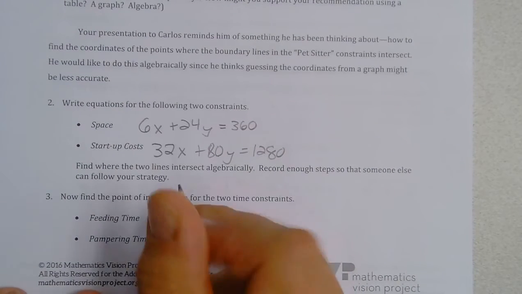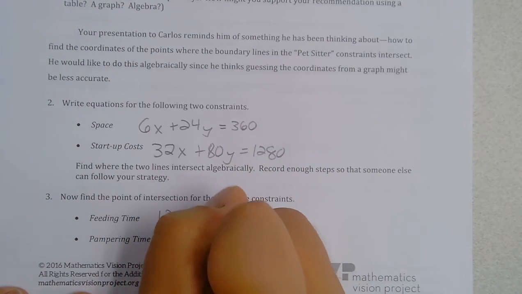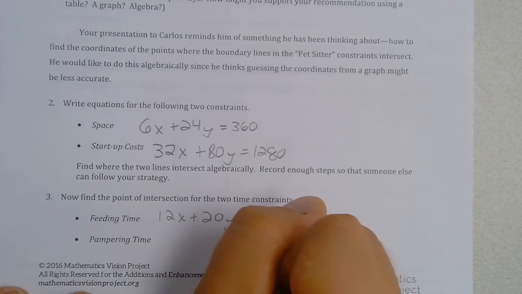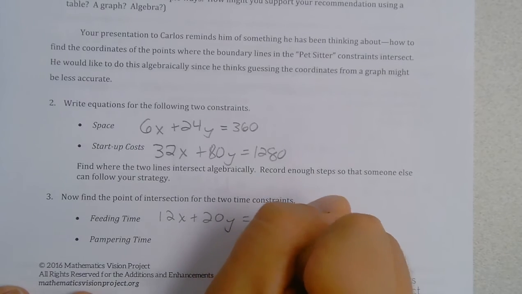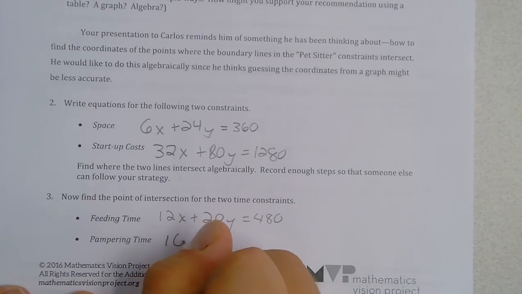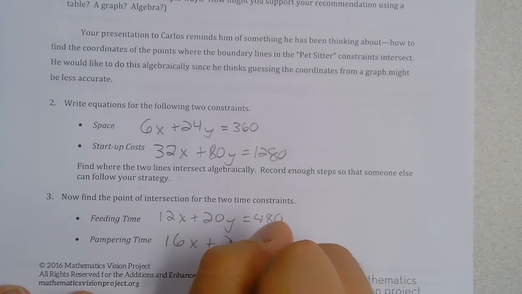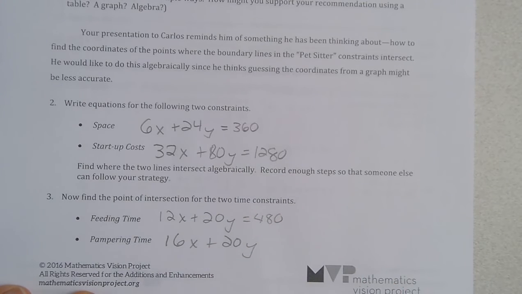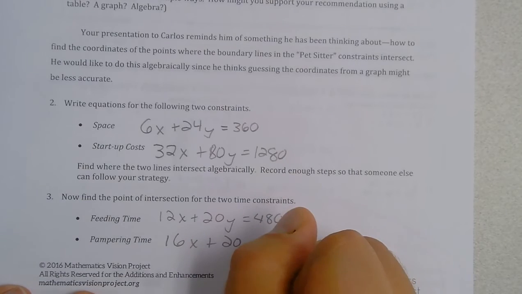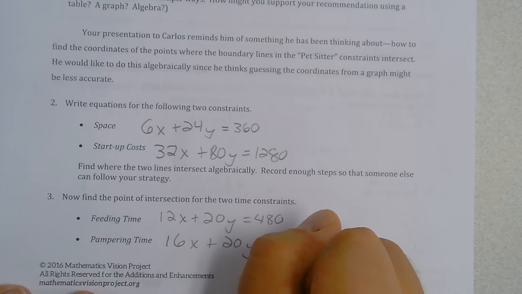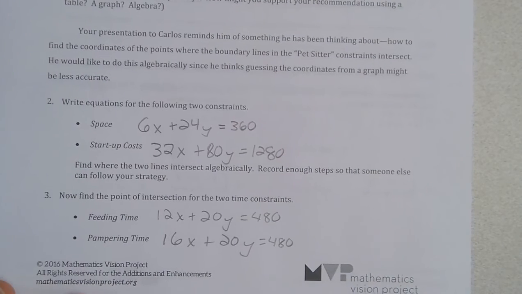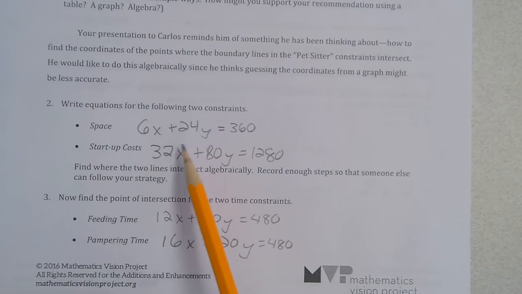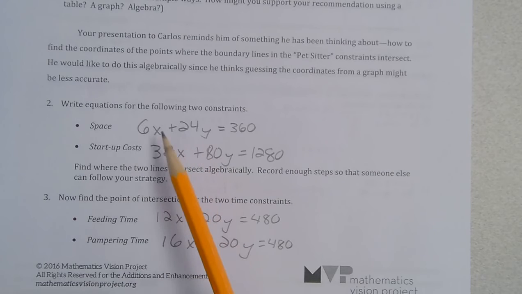And then on the bottom here, you have 12x plus 20y is equal to 480. And then here, 16x plus 20y is also equal to 480. So I'm going to give you a start on this first one to just model.